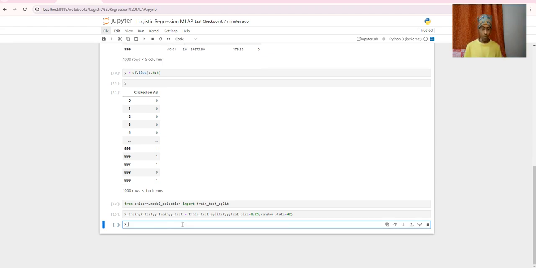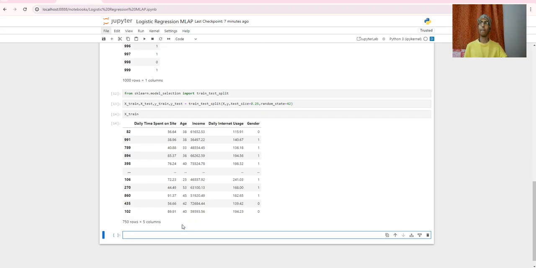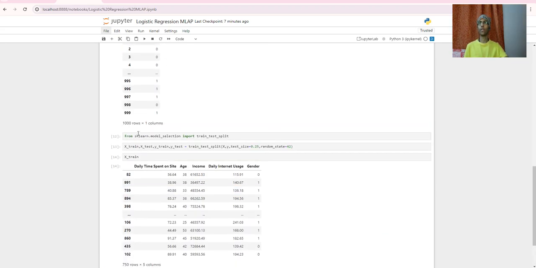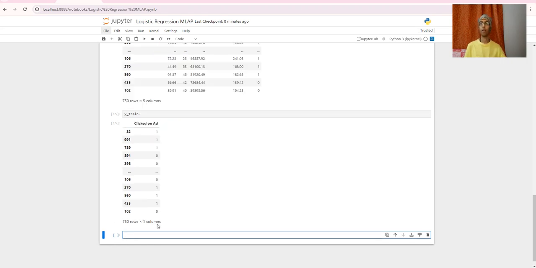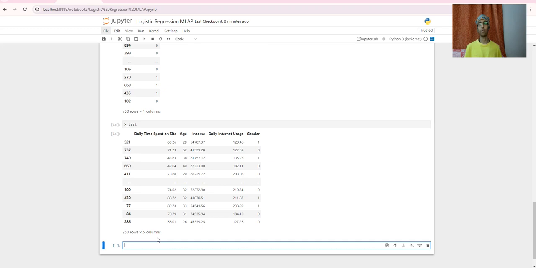Now let's check what has happened to our data. X train, see, there were total 1000 rows. In X train now there are 750 rows and 5 columns. What about y train? Obviously 750 rows and 1 column. X test, it should be 250 rows and 5 columns.